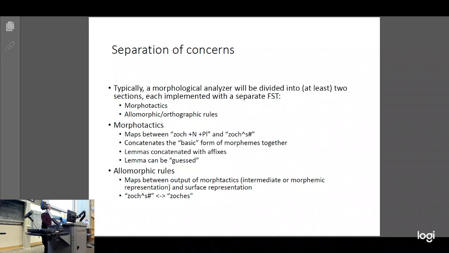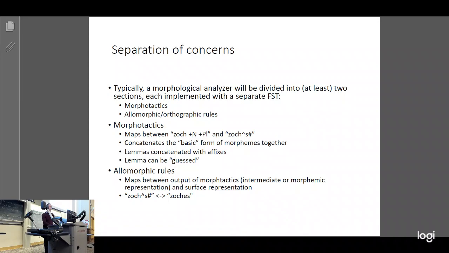So that's morphotactics. But we also need to deal with allomorphic rules. These are rules that change the appearance of a morpheme. So for example, if we have Zach with the plural S, then we know that's going to be spelled Zach's with this E here, even though that E is not always there with the plural S. It depends on the sounds and the letters that occur before it.